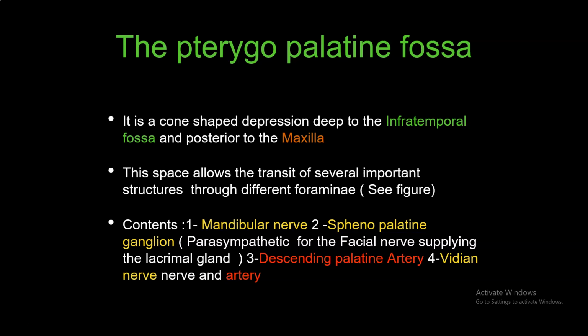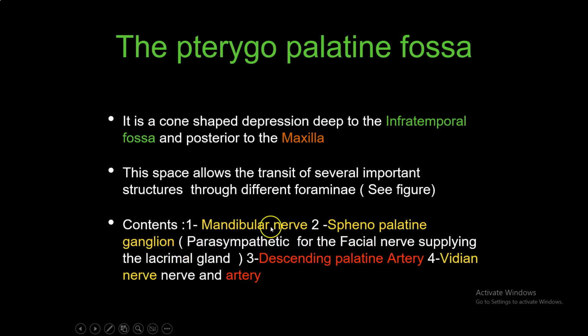The pterygopalatine fossa has access to many regions through different foramina, and the contents are the maxillary nerve, the sphenopalatine ganglion, which is the parasympathetic ganglion, sometimes called the pterygopalatine ganglion, hanging in the maxillary nerve, not relaying inside the fibers, but actually it is a parasympathetic ganglion for the facial nerve supplying the lacrimal gland.